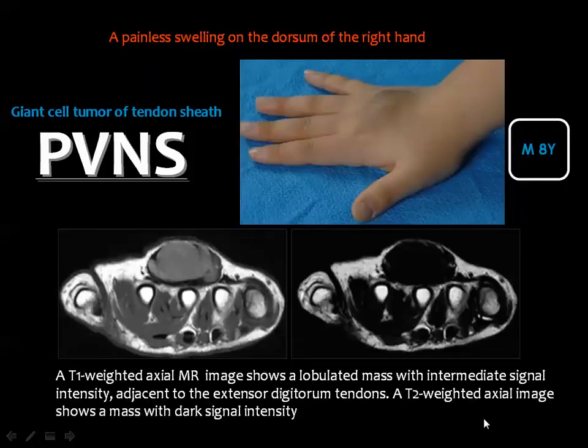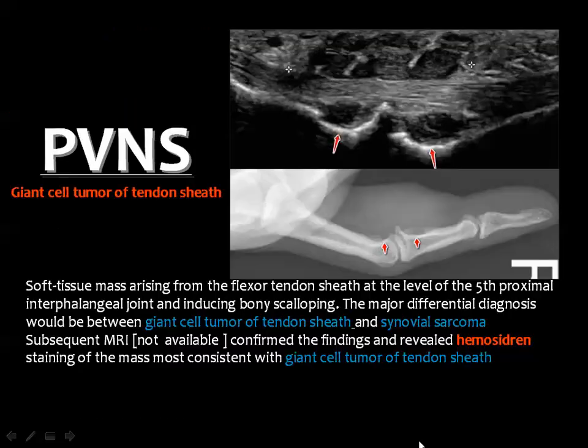In another example of a giant cell tumor in the dorsum of the hand, you see the tumor is of intermediate signal in the T1 and very dark signal in the T2 weighted images. If you inject contrast material, it will enhance.